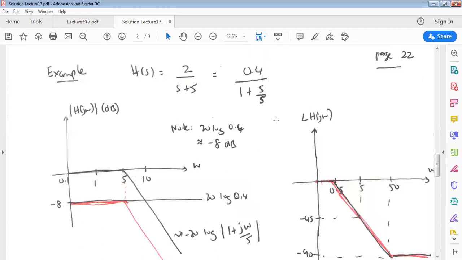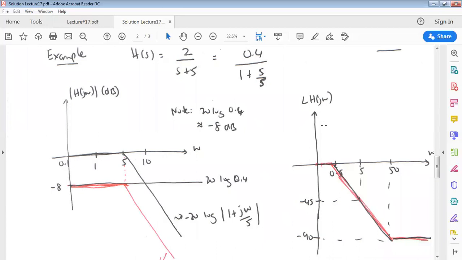For the real pole, as we learned in lecture 16, at 5 radian per second the phase is negative 45 degrees. One decade lower, at 0.5, the phase is 0 degrees, and one decade higher, at 50 radian per second, the phase is negative 90 degrees. We connect these 3 points: 0 degrees, negative 45 degrees, and negative 90 degrees.